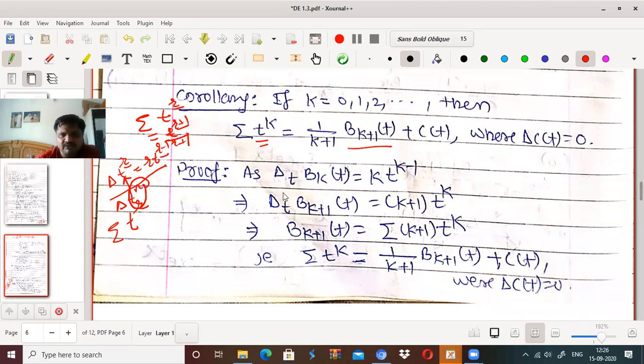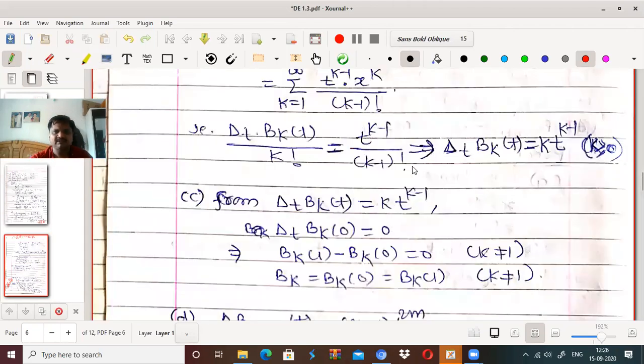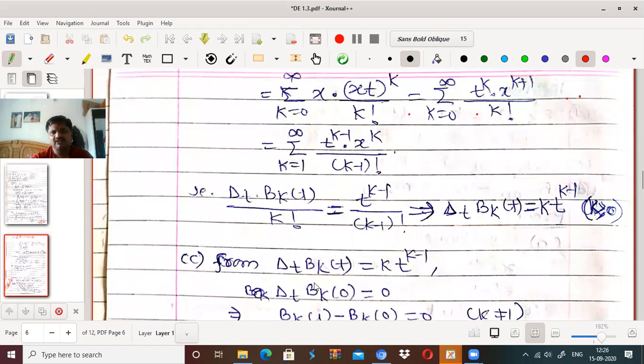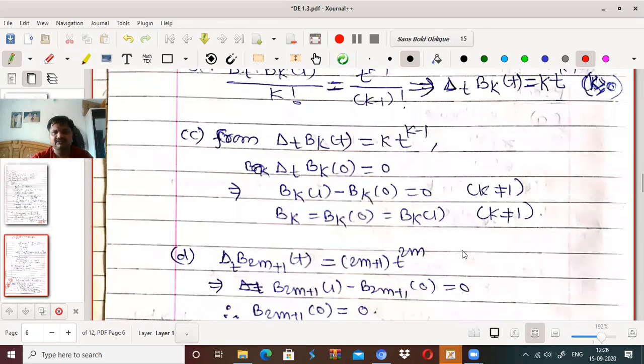Now, how we obtain this? We know that the difference of bk of t with respect to t equal to k into t to the power k minus 1. We have this here. है आपके पास delta t of bk of t equal to k into t to the power k minus 1.